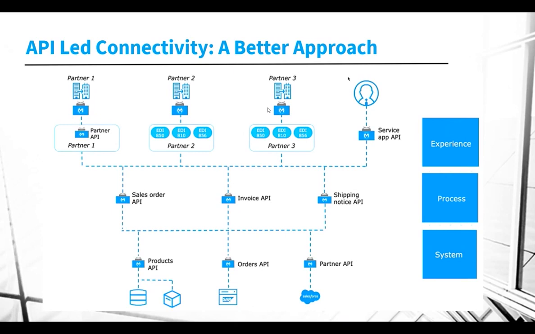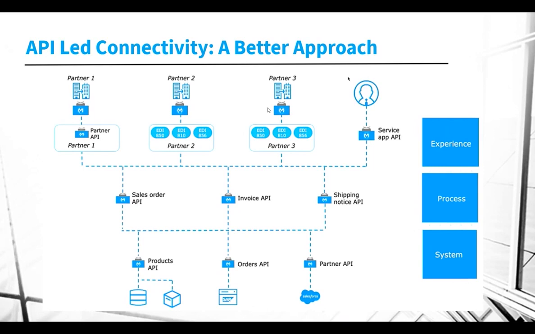If my business process is sacrosanct, the order to cash is defined in the process API, and it will never change. Even my inventory and invoice management process, which is defined as a process API, will never change. The same way you can think of the procure to pay process. All those process APIs will never change.